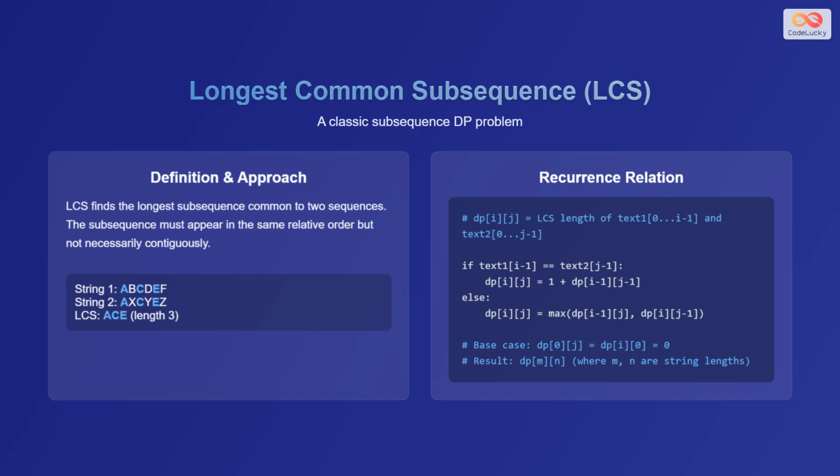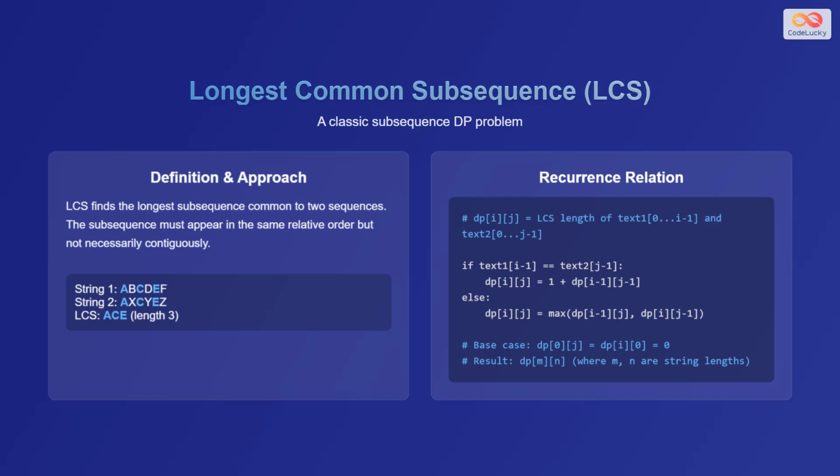The recurrence relation for LCS is: dp[i][j] is equal to the longest common subsequence length of text1 from 0 to i-1 and text2 from 0 to j-1. If the character at text1[i-1] is equal to the character at text2[j-1], then dp[i][j] is equal to 1 plus dp[i-1][j-1]. Otherwise, dp[i][j] is the maximum of dp[i-1][j] and dp[i][j-1].